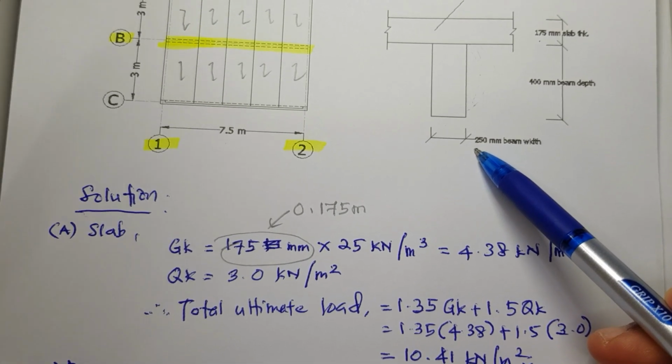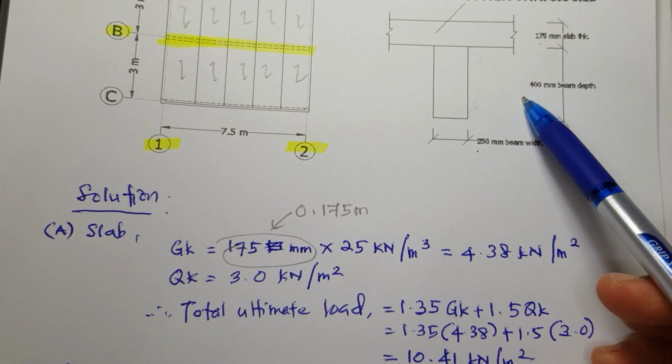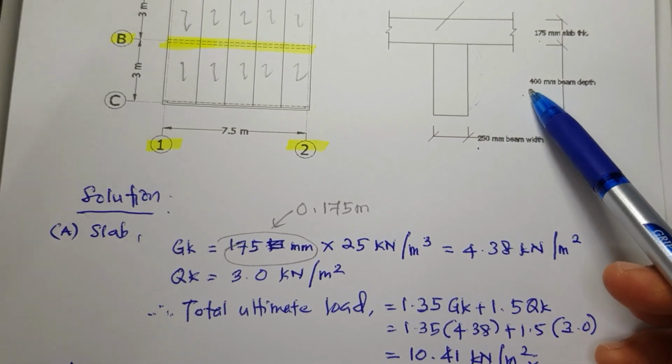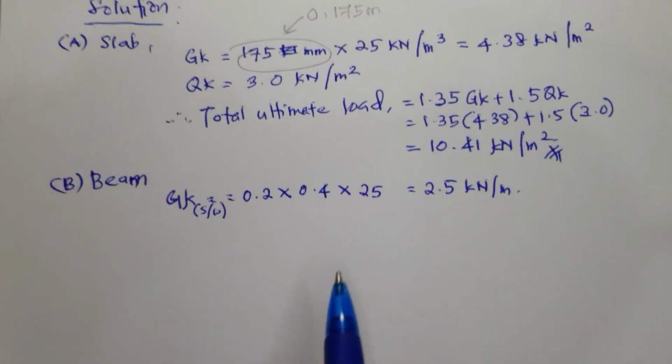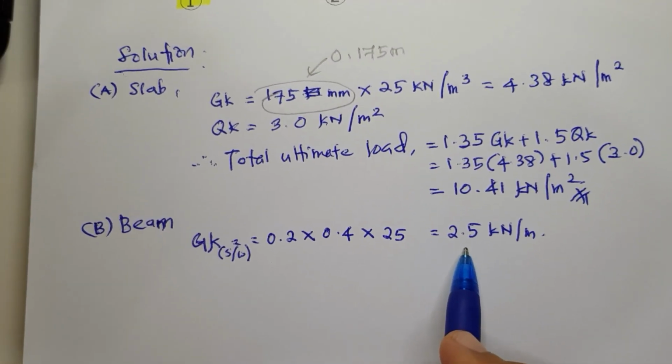Sorry, the width is 0.25 multiplied with 0.4 multiplied with the unit weight of the concrete, because our material is concrete. Thus the answer is 2.5.